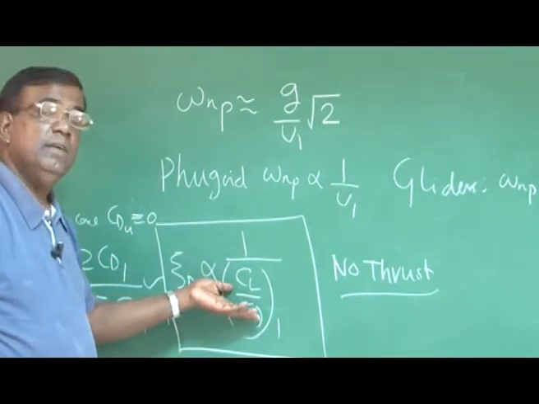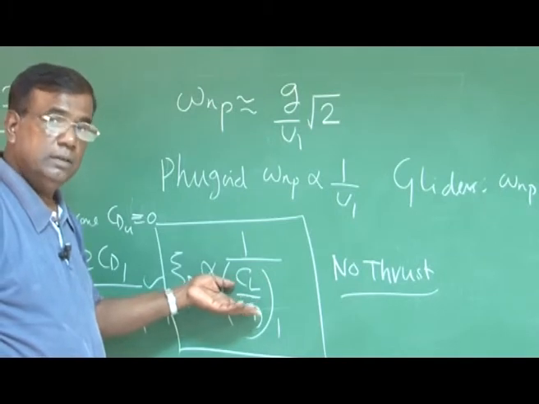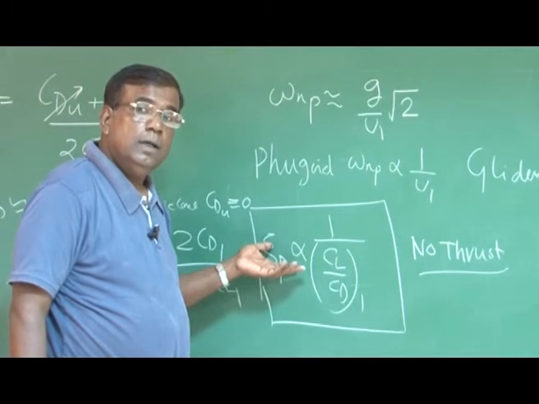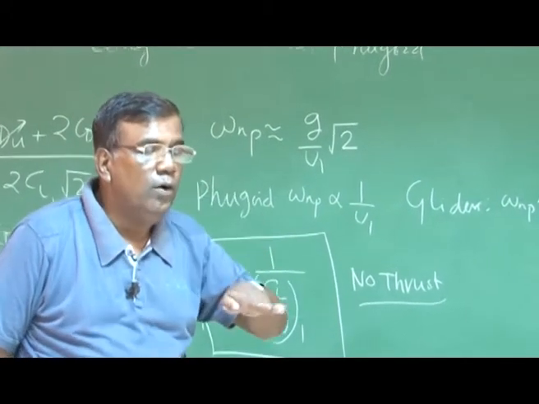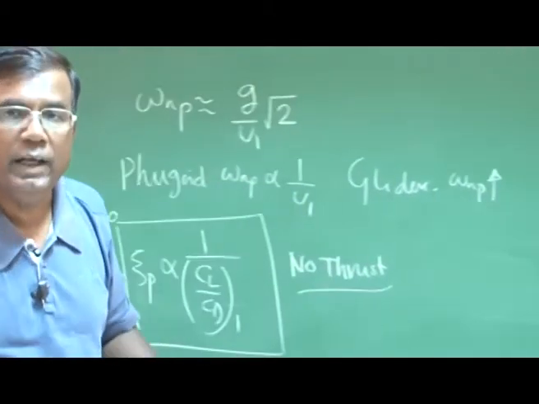If CL by CD is very large, especially for gliders, they are very large, order of 30s. So, that means the Phugoid damping is very, very low, right? And that is where you enjoy gliding. You excite the Phugoid, it will go on doing this long period for longer time, right? And you enjoy the flight.